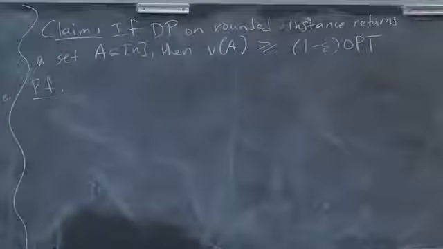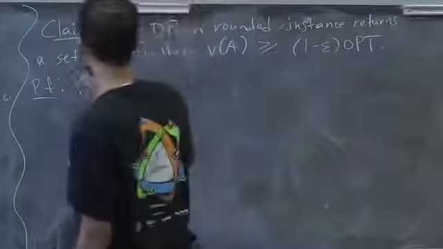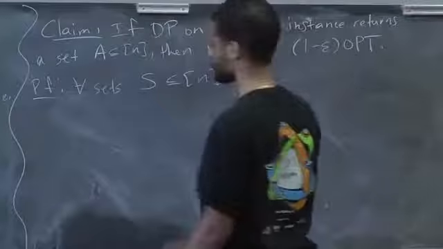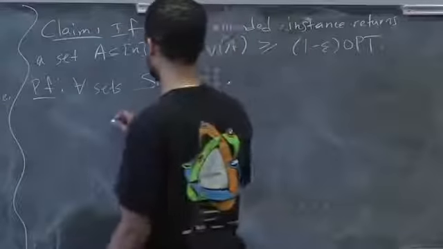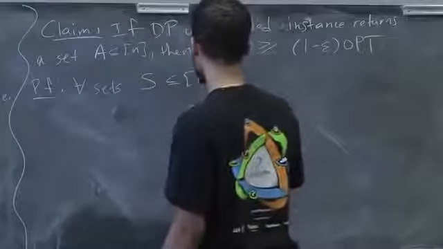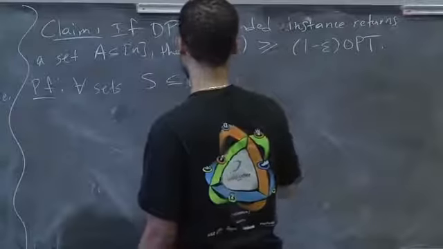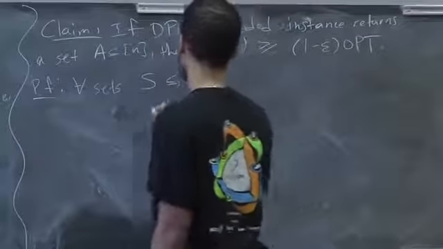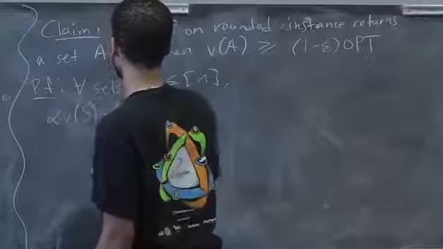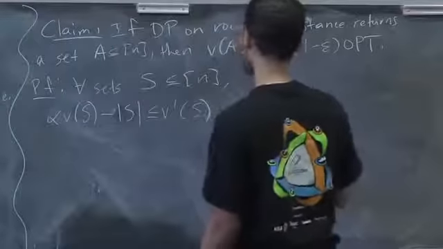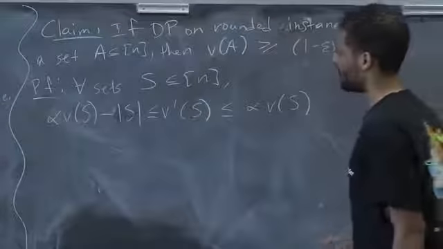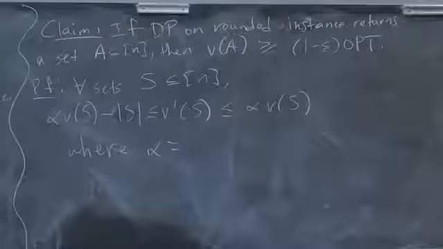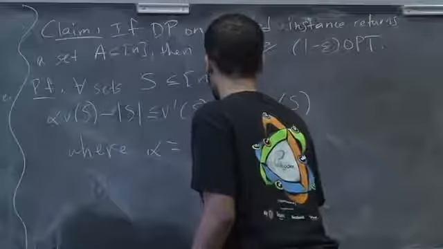What's the proof of that? Well, for all sets S, subset of 1 to n, we know that the value prime of S is at least alpha times the old value of S minus the size of S. And it's at most alpha times the value of S, where alpha is this scaling that we're doing, n over epsilon times V max.